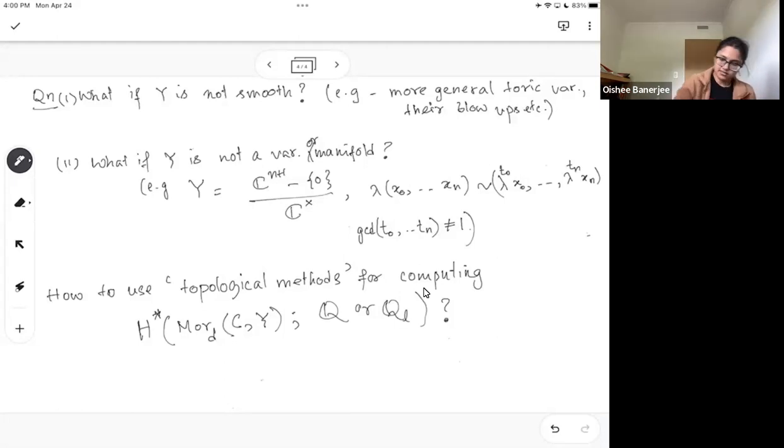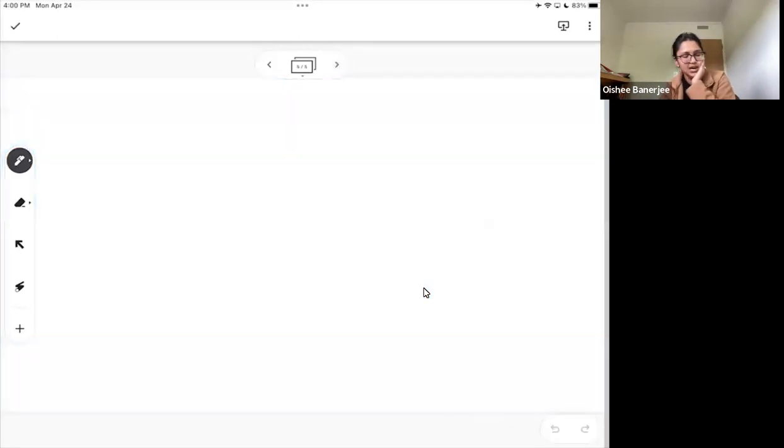Okay, so I want to state a couple of sample theorems to this end. I will not state the theorems in the most general form, because that will take pages.